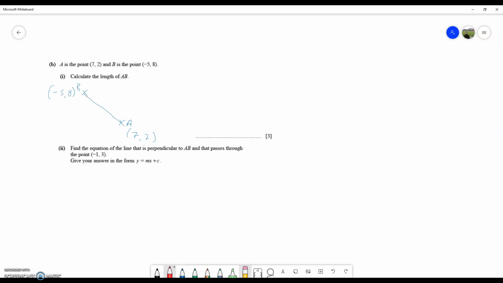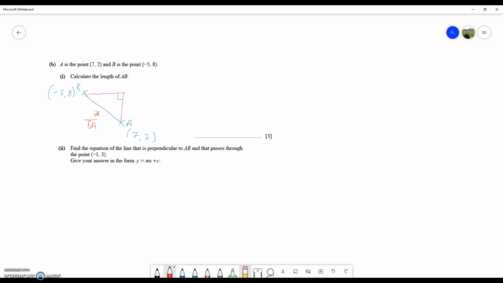What that allows us to do is then just think of it as a normal Pythagoras question with line BA or AB. We can think of it as a normal Pythagoras question and then just think that this is the difference of -5 to 12.